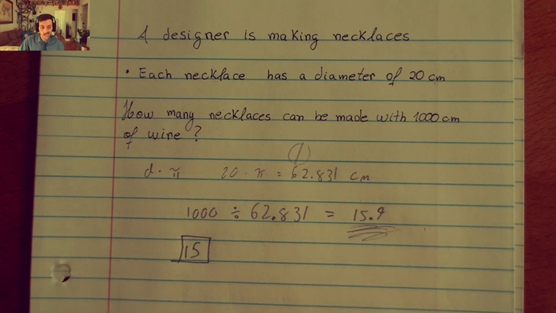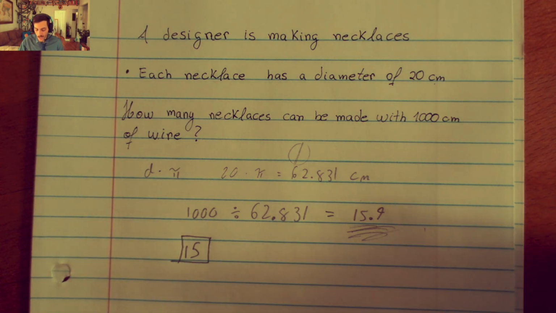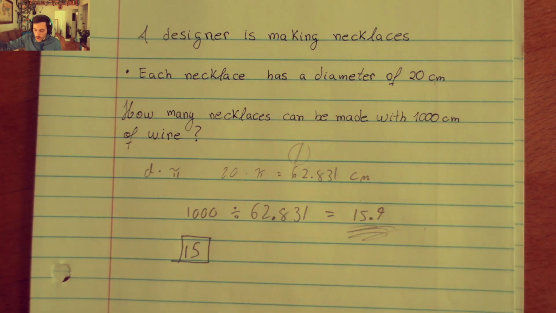But this is where we also have additional layers of questioning, where you have to take the answer that you get and then apply an additional step of logic on top of it. Like we can't have 0.5 people, we can't have 0.9 necklaces. We typically therefore have to round down essentially.